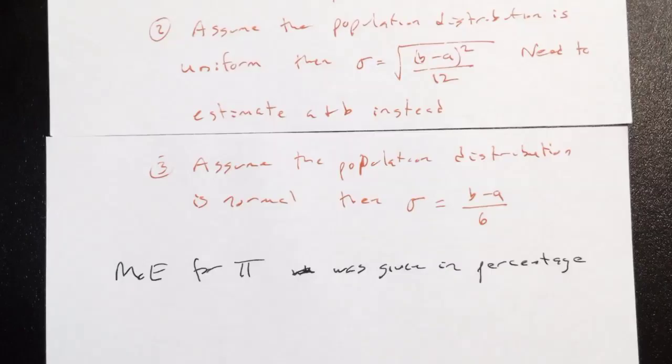But if I'm looking at that high jump idea, or the time on the 400 meters, well then, if I'm looking at the high jump, I should probably be using a margin of error of centimeters. I should probably be using a margin of error for the 400 meters in seconds.